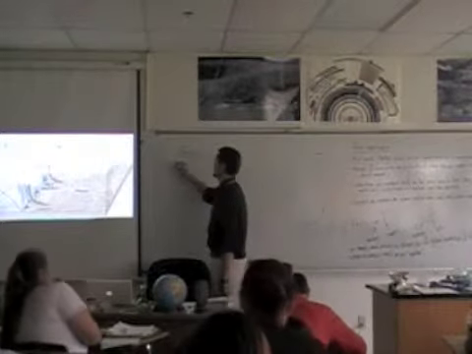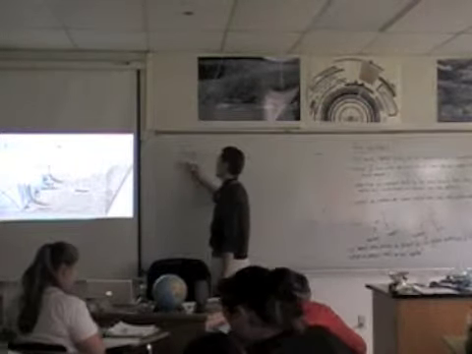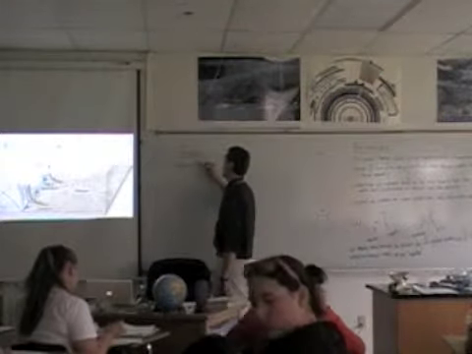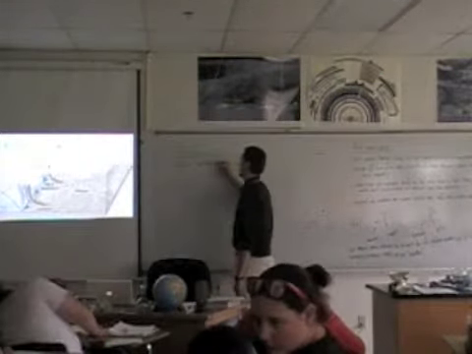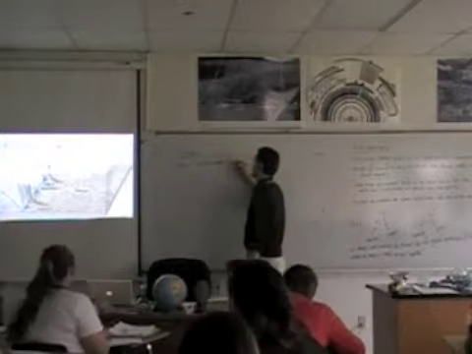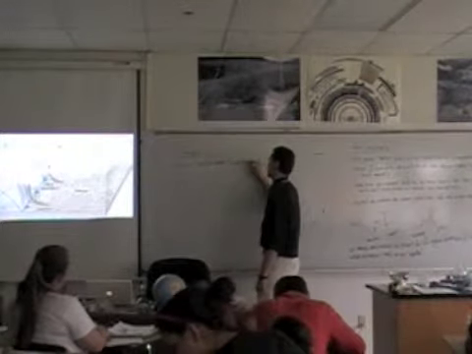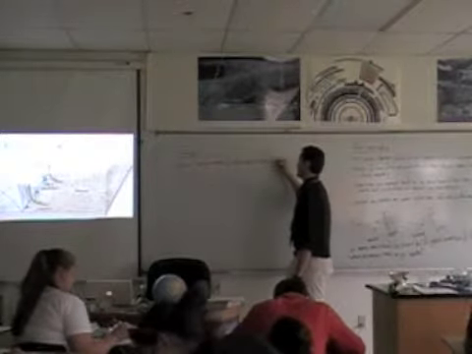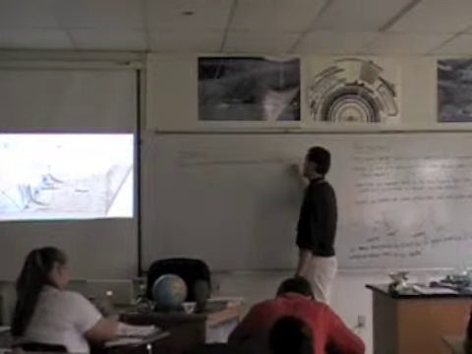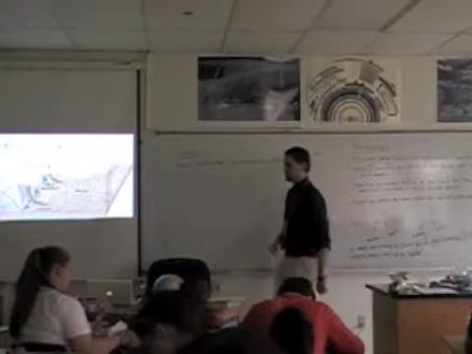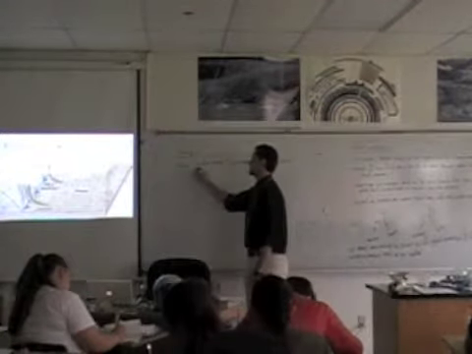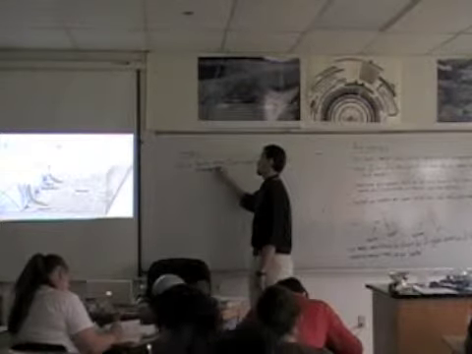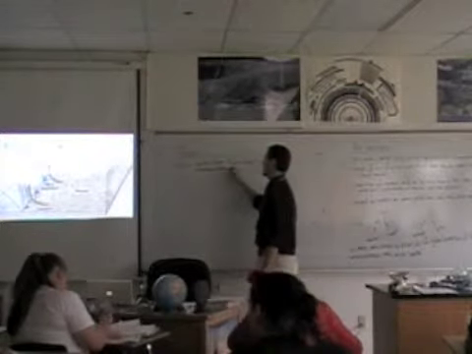So a front is the border where two air masses with different characteristics, once again, I'm talking about temperature and humidity, are meeting.